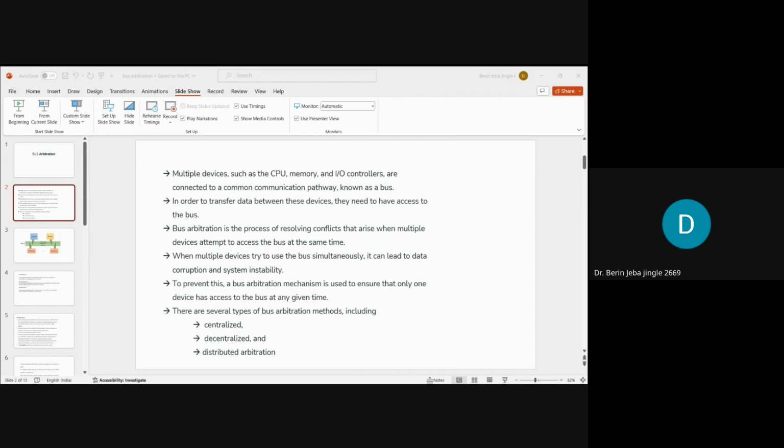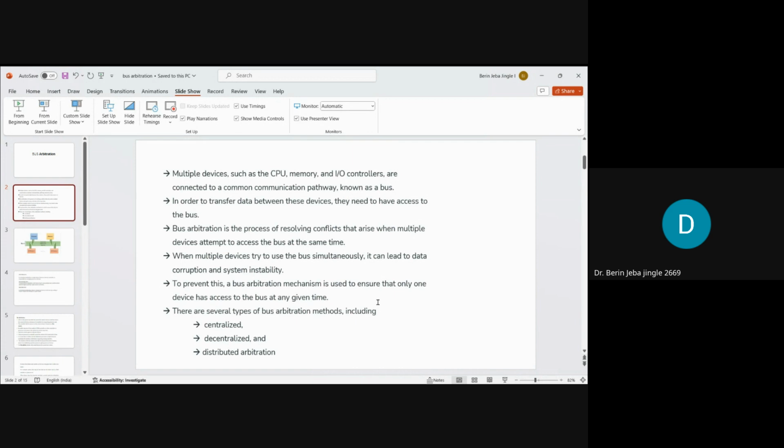Bus arbitration, what it does is remove the conflict. Have you seen the definition? Once again, can you see my slide? Bus arbitration is a process of resolving conflicts when multiple devices want to use the bus at a time.